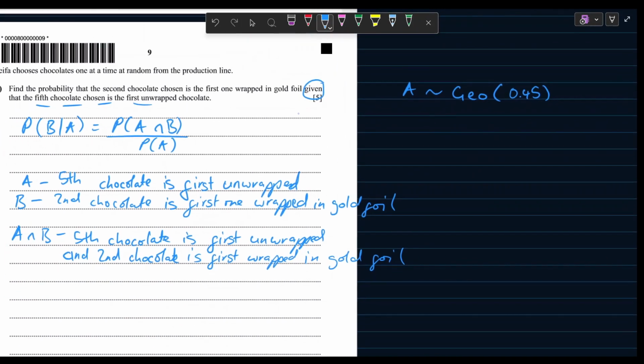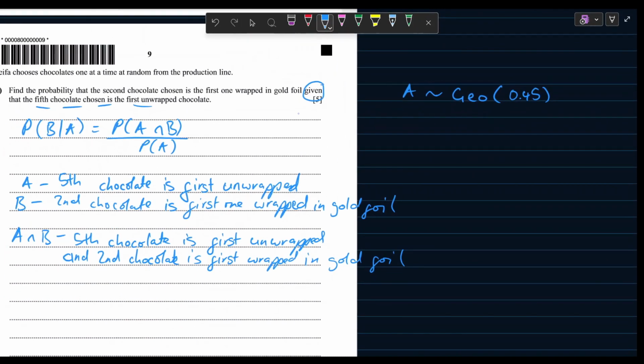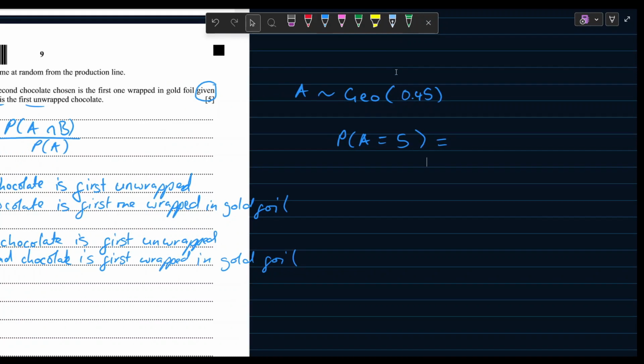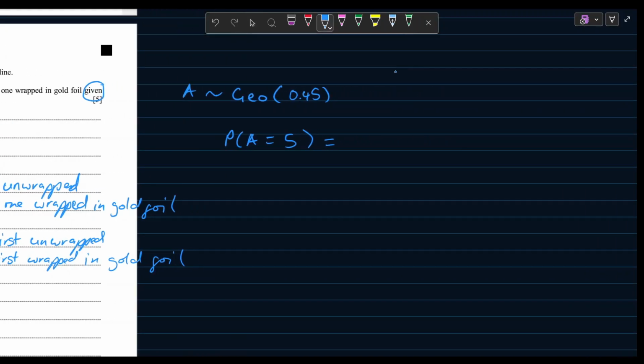And here our interest is fifth chocolate is first unwrapped. So the probability that A is equal to 5. I probably shouldn't be using the letter A for the random variable, but oh well. So the probability that A is 5, that's going to be q to the 4. So 1 minus 0.45 to the power of 4 multiplied by our first success, which is 0.45.